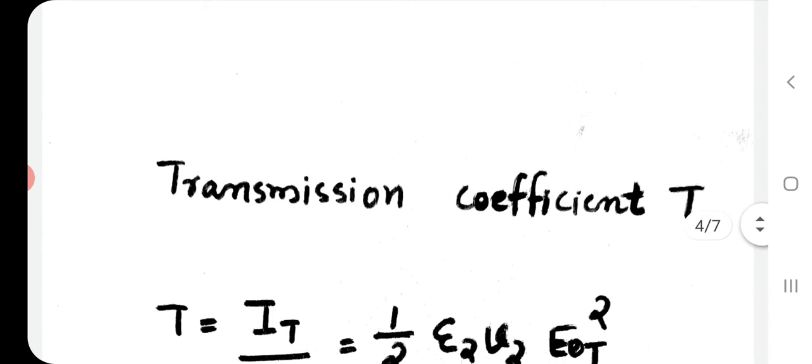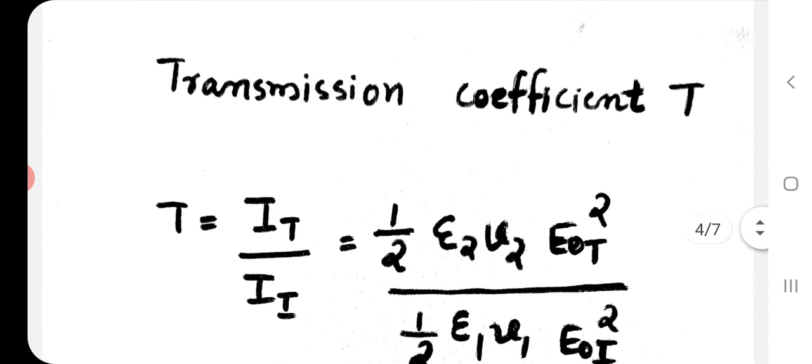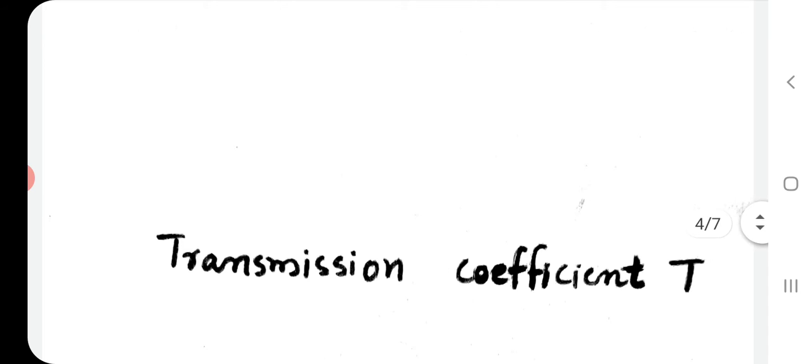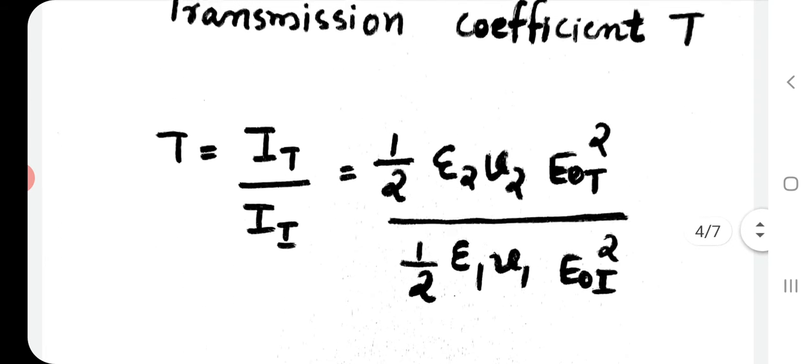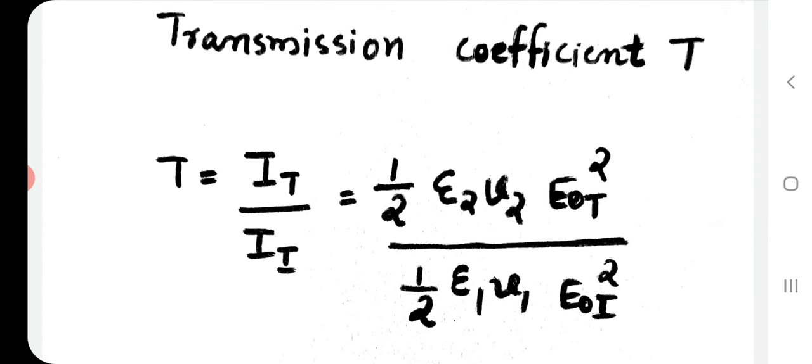Then the transmission coefficient. What is the transmission coefficient? T is the fraction of the wave that is transmitted. The transmission coefficient is equal to IT by II.